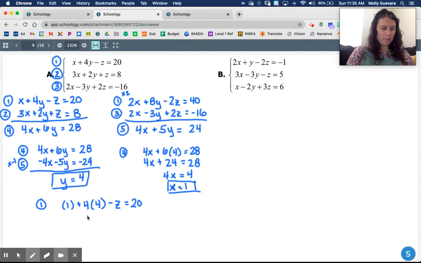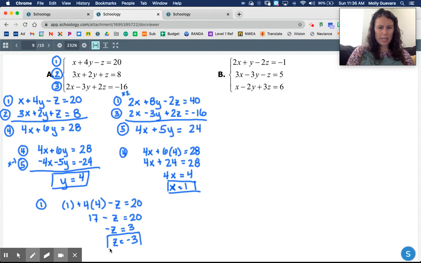So I have 17 minus z equals 20. Subtract 17 gives me negative z equals 3. So z is negative 3.